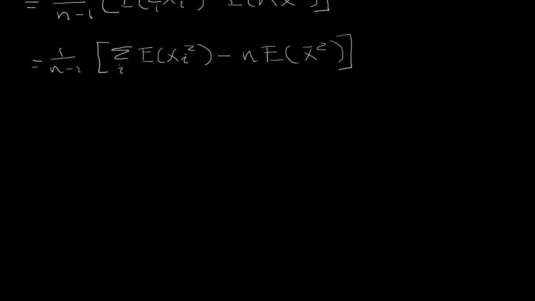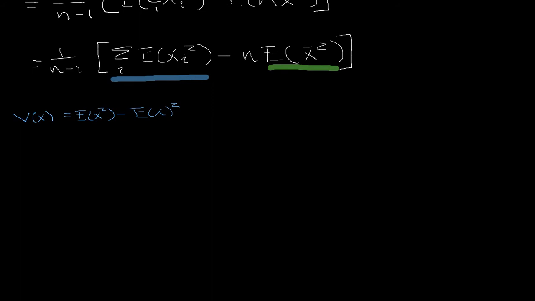Let me highlight this with blue, and let me highlight this with green. So for the blue piece, remember that the variance of a random variable is just the expected value of x squared minus the square of the expected value.